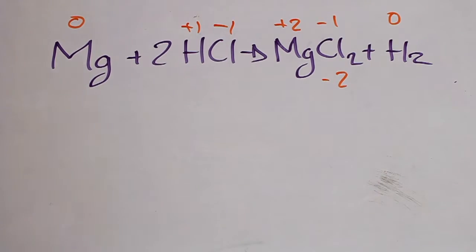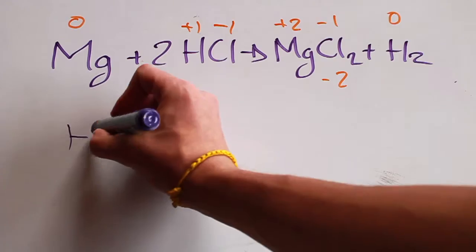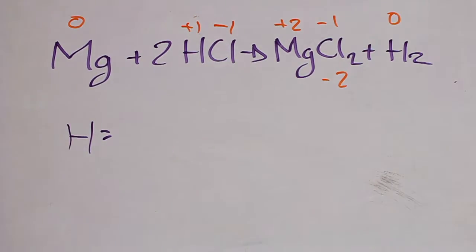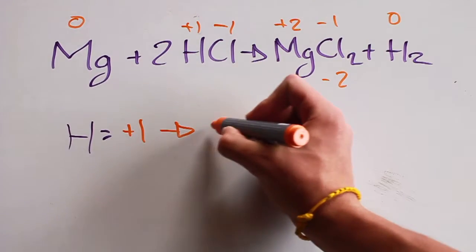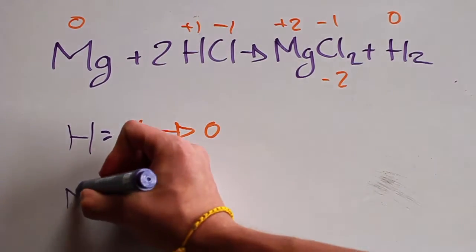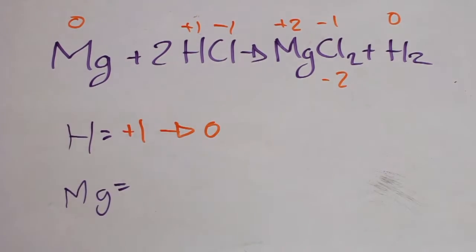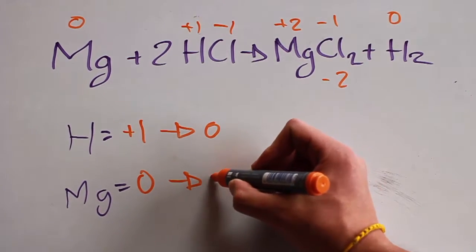Now we have to look at how the oxidation states of each of these elements changed. Chlorine stayed the same, but hydrogen went from +1 to 0. Meanwhile, magnesium had an oxidation state of 0, which increased to +2.